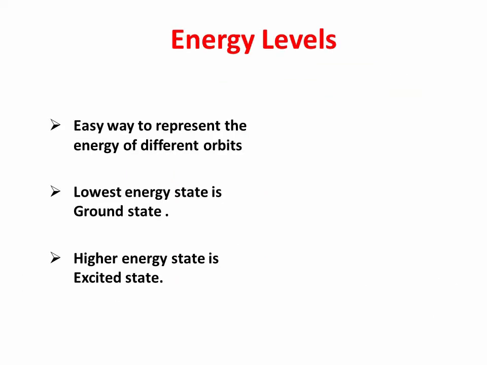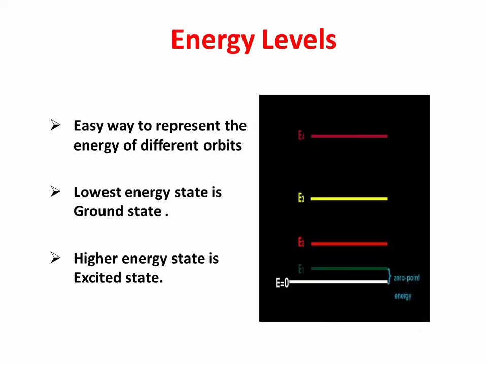For our convenience, instead of representing circular orbits, we consider a straight line as an energy level. Lower orbit has lower energy, which is called the ground state, and higher orbit has higher energy, called the excited state. According to the figure, E1 is the ground state which has lower energy, E4 is the excited state which has higher energy.